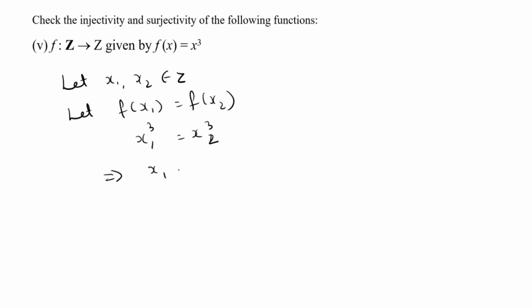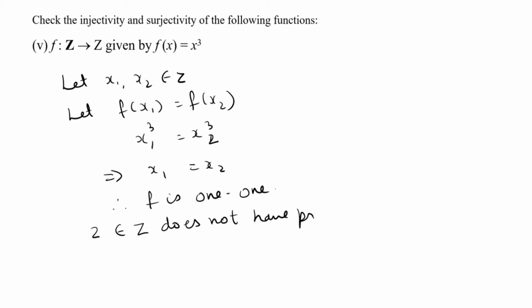So this implies x1 is equal to x2. Therefore f is one to one. Now to see whether it is onto, if we take the integer 2, it belongs to the codomain but it does not have a pre-image. So therefore f is not onto.